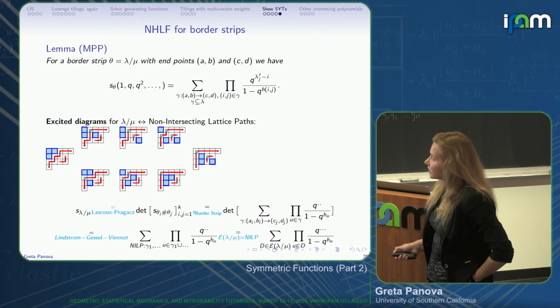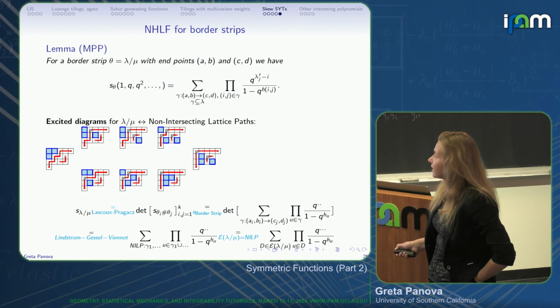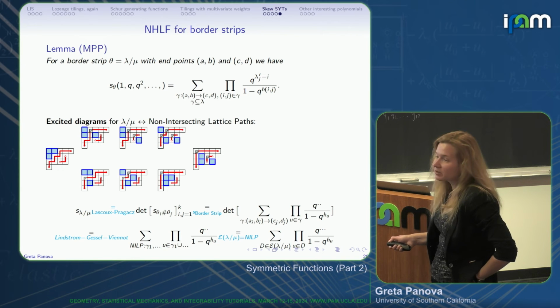Then we apply the non-intersecting lattice path theorem from Lindström-Gessel-Viennot to realize that if we have a determinant of individual lattice paths, in the end we cancel out all the intersections and we just get the non-intersecting lattice paths with those weights. And the final point is to realize that the non-intersecting lattice paths with these starting points are exactly our excited diagrams, and we get our formula.